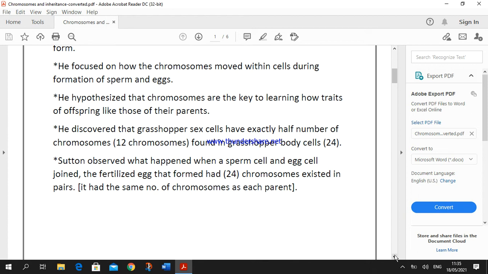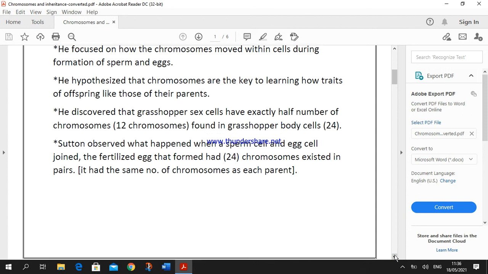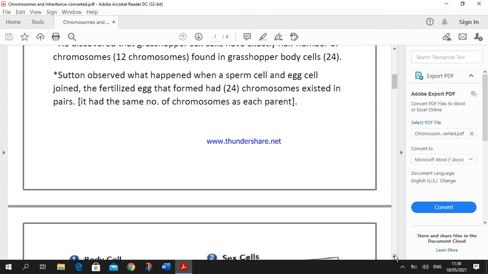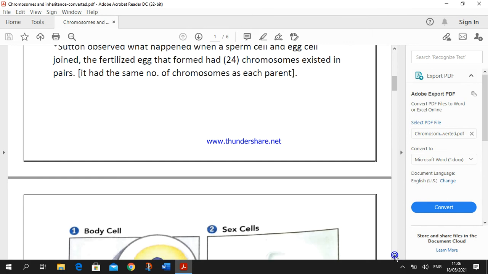He discovered that the fertilized egg produced after fusion between the sperm cell and egg cell had 24 chromosomes, and these chromosomes existed in pairs, so the chromosomes returned to the normal number again.